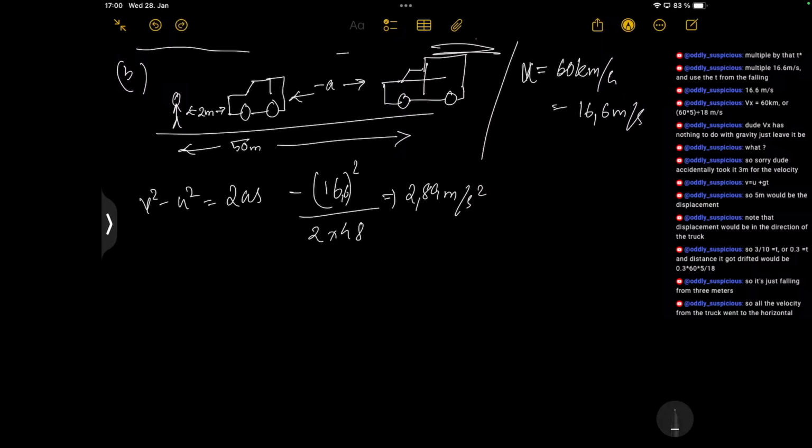Ah, come on. What? Minus 2.89 meters per second squared?